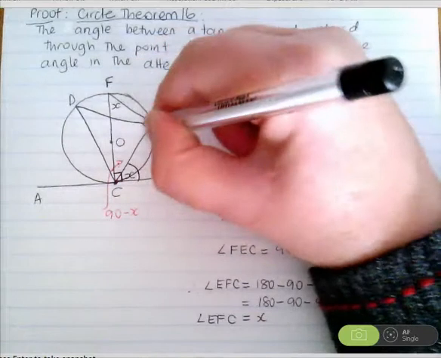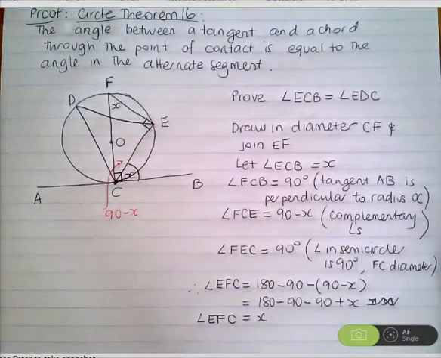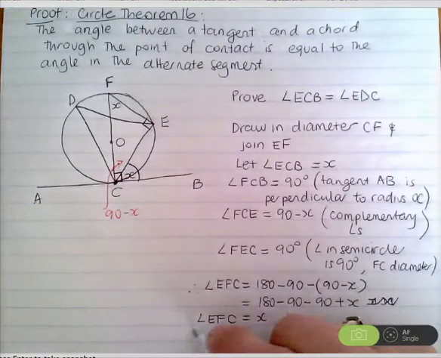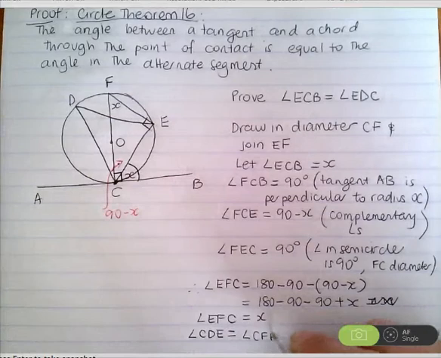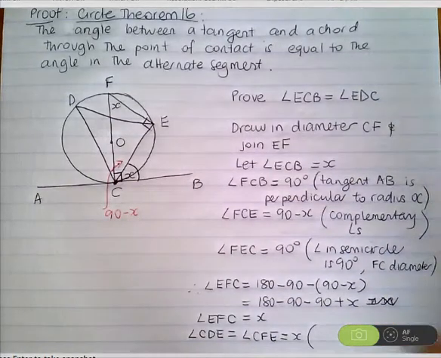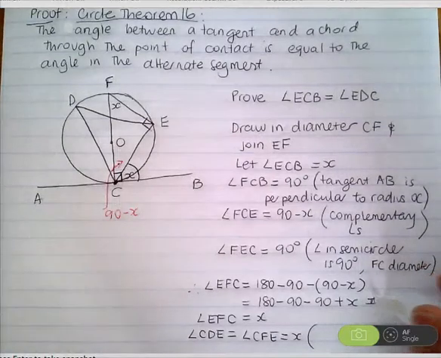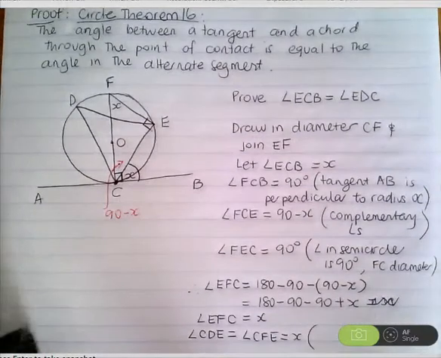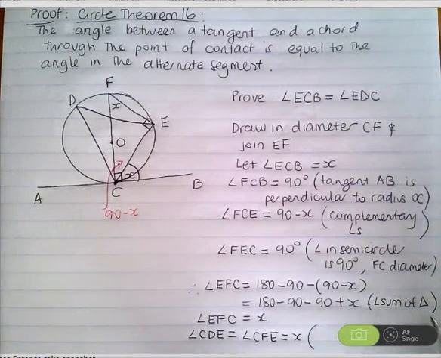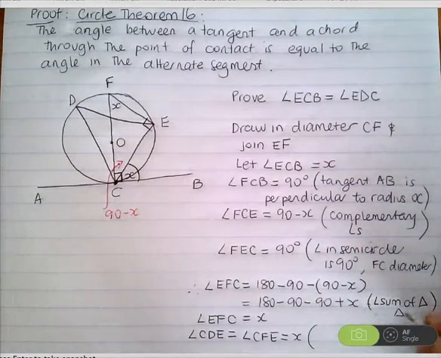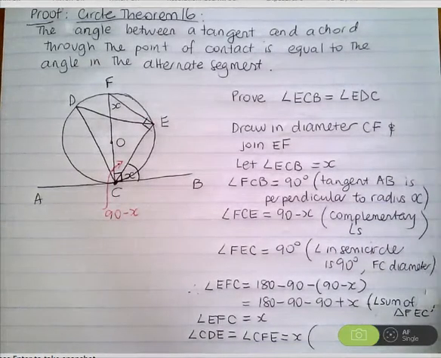Now we've got angles in the same segment, or angles at the circumference subtended by the same chord CE, are equal. So I can now say that angle CDE is equal to angle CFE, which equals X. The reason for the one up here as well, I didn't put that down, is angle sum of triangle FEC. I've just put that here.